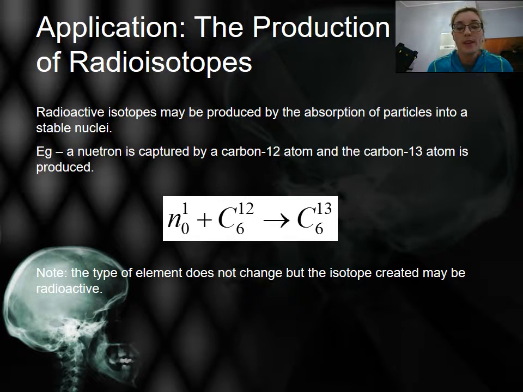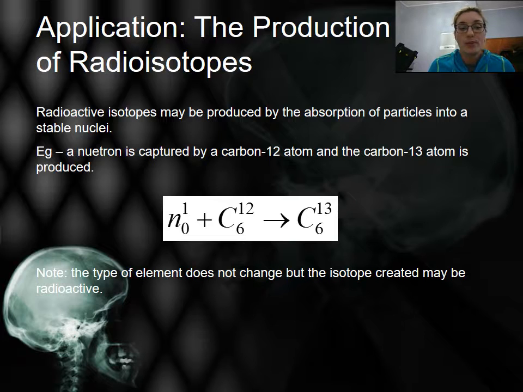Alright, so with the application for our topic, we're looking at the production of radioisotopes. So a radioisotope is a particular element that has been stimulated or created in a man-made environment that is usually used for imaging for medical purposes. Now, radioactive isotopes can be produced by the absorption of different particles into a stable nucleus.